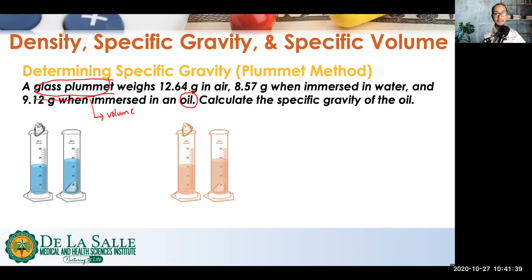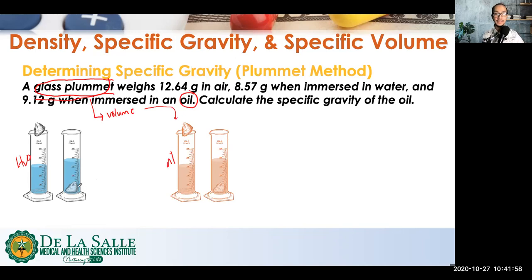If you place the plummet in water, its volume will be the same. When you place it in oil, let's say this is the oil, its volume will also be the same. It's impossible for the volume of the glass plummet to change. It will be the same in both liquids, right?